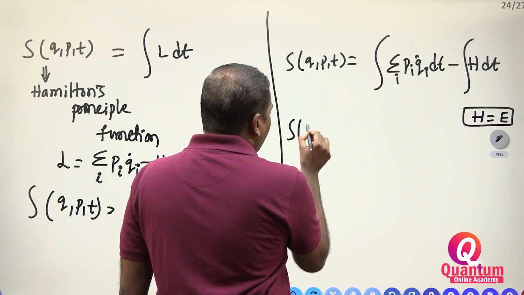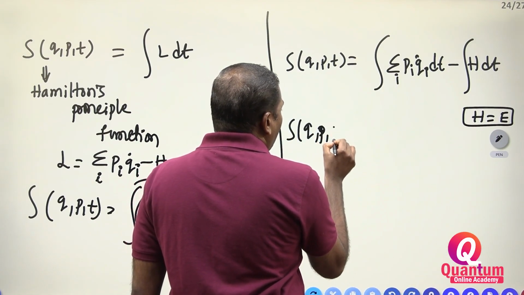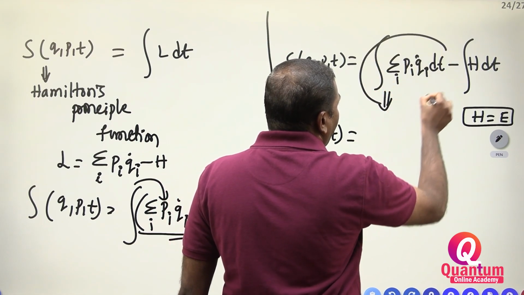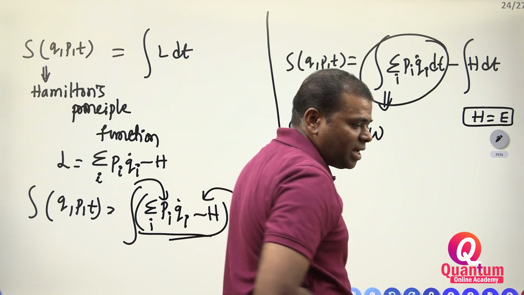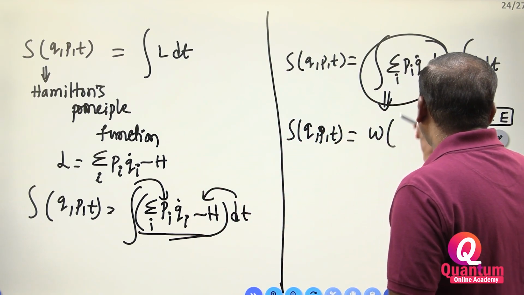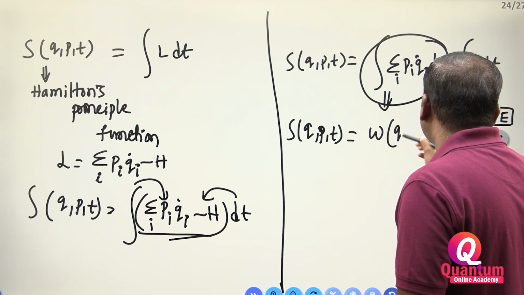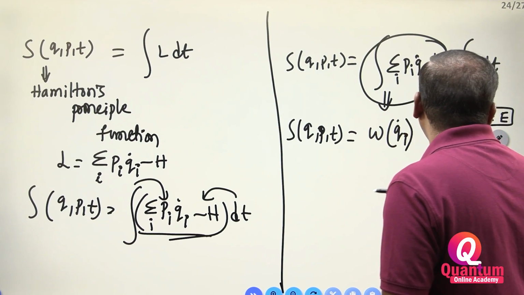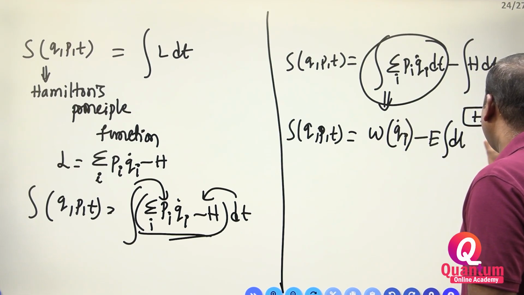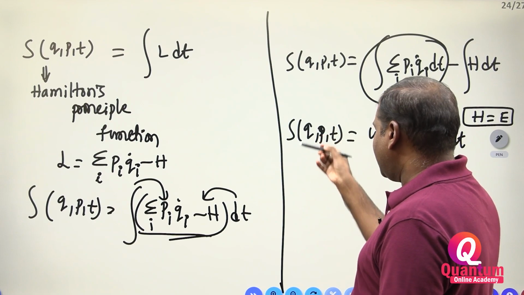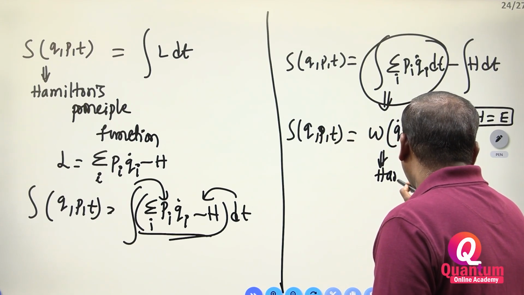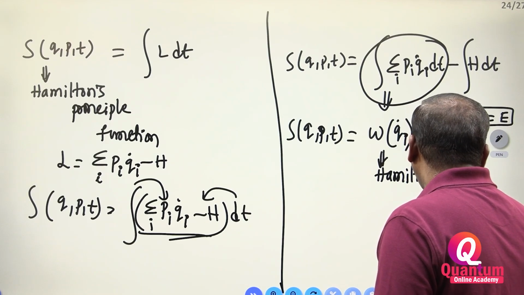So S of Q, P, T is equal to the Hamilton's characteristic function W, the integral of Pi Qi dot, minus E into the integral of dt. Therefore this function is the Hamilton's characteristic function.